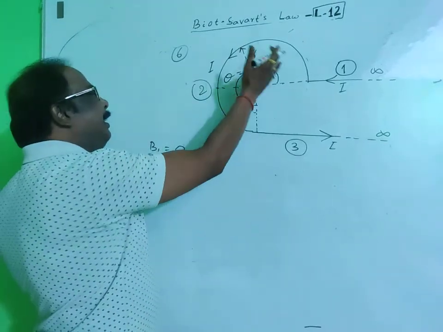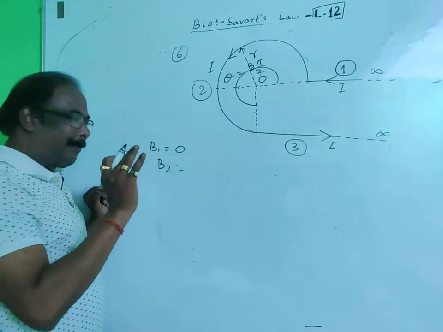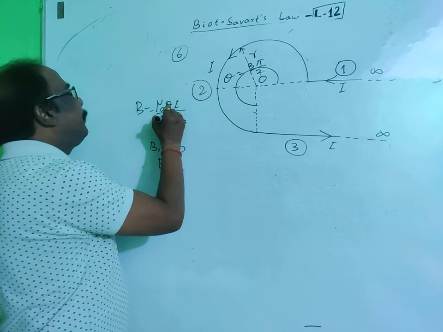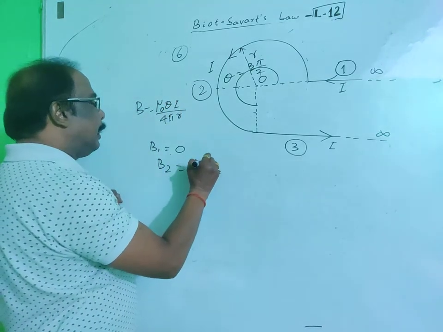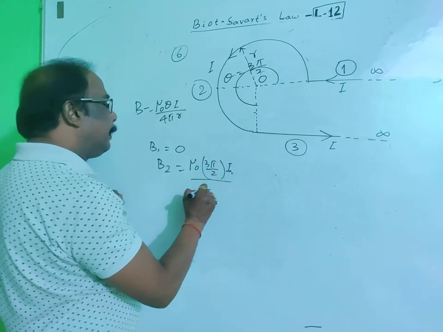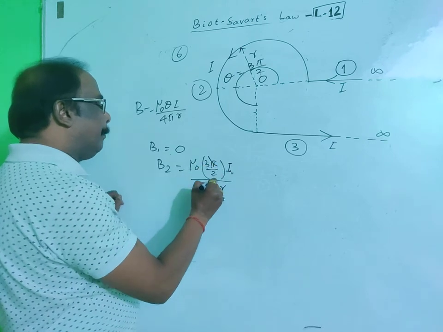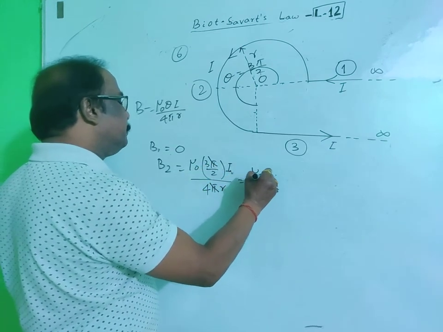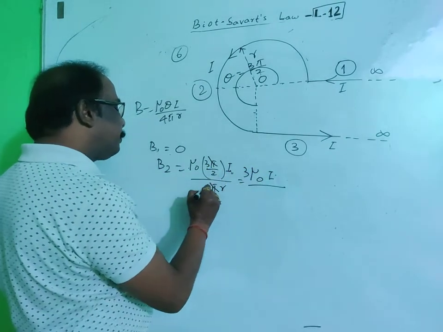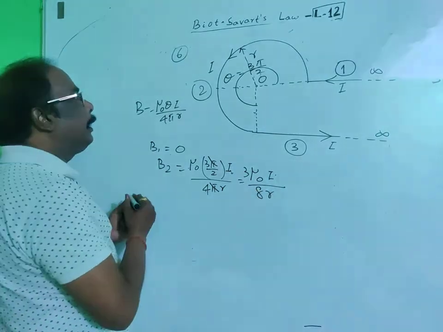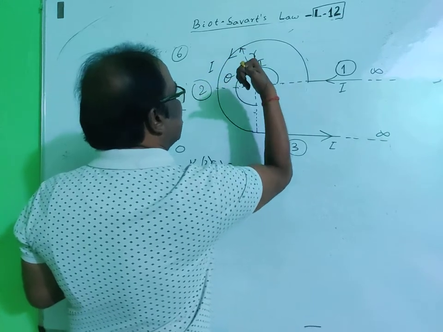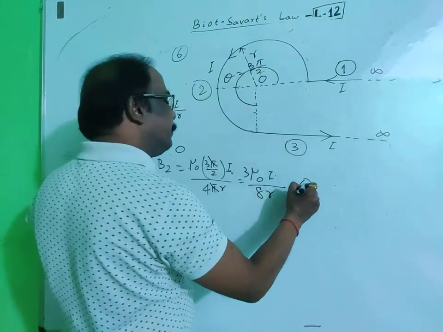For any part of a circle, an arc, you know the magnetic field due to an arc is mu naught theta I by 4 pi r. Here theta is 3 pi by 2 and the current is I, divided by 4 pi r. Pi gets cancelled, and this is 3 mu naught I divided by 8 r. And what is the direction? Curl your fingers along the direction of current, and the direction is outward, meaning dot field.